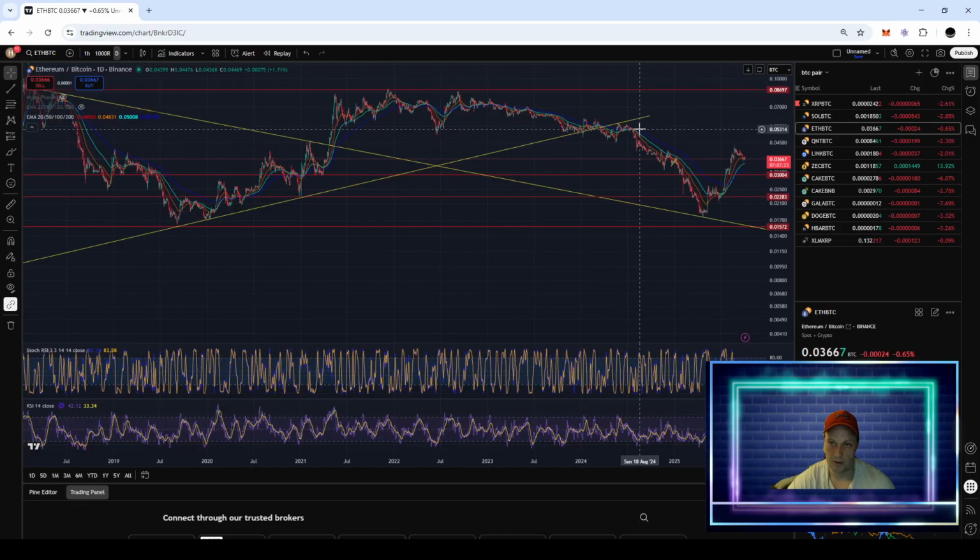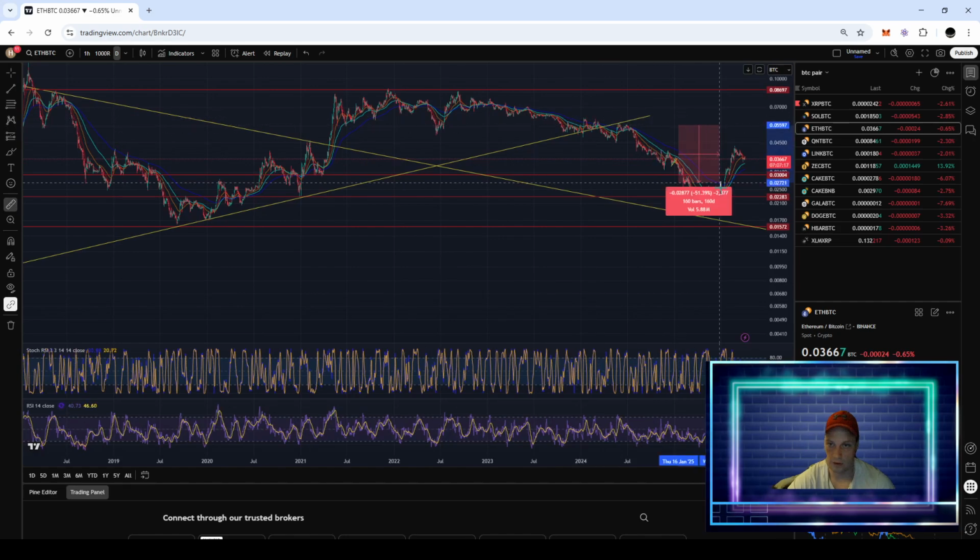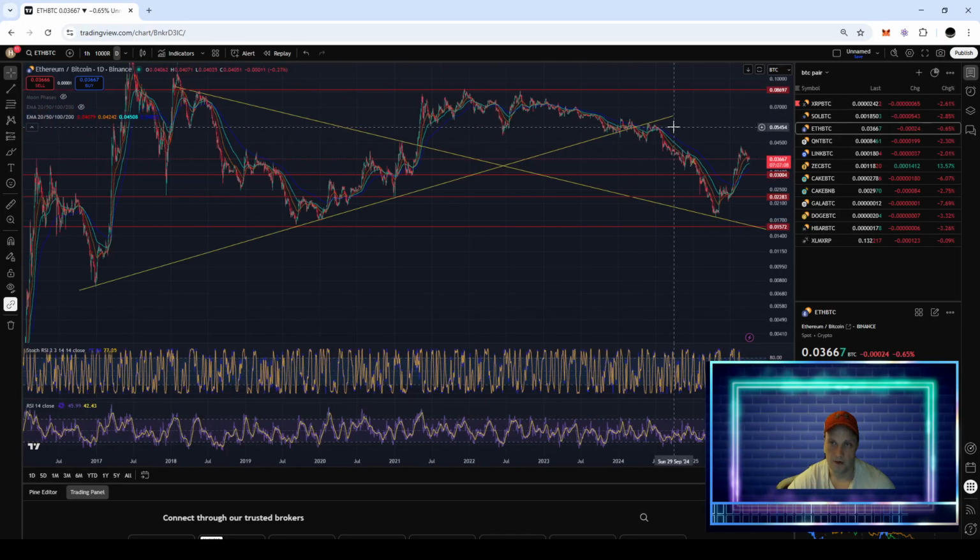Now it's maybe a good time to rotate back into Bitcoin. And if you would have done that, this is almost 70% downside which you would have saved yourself from. So even if you're an Ethereum holder, there's still this possibility to rotate.